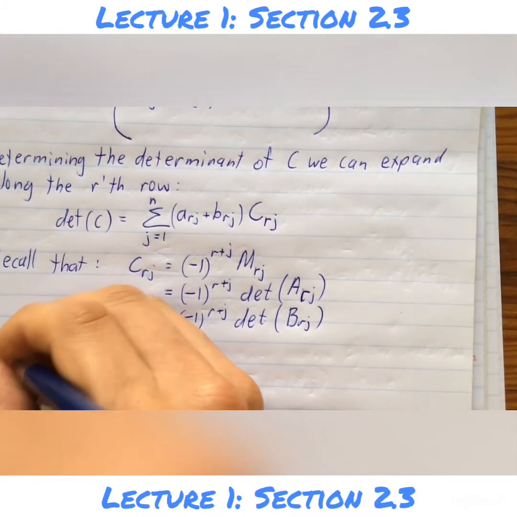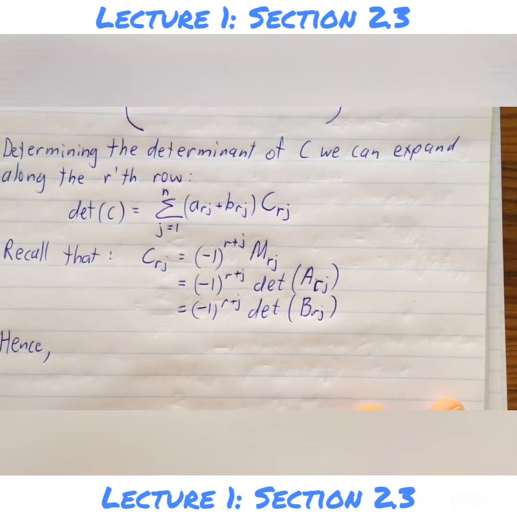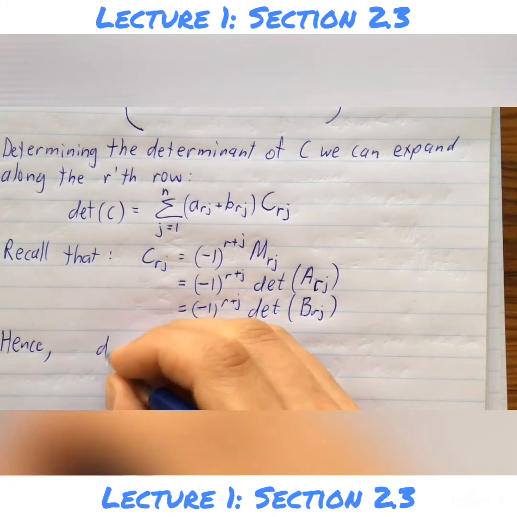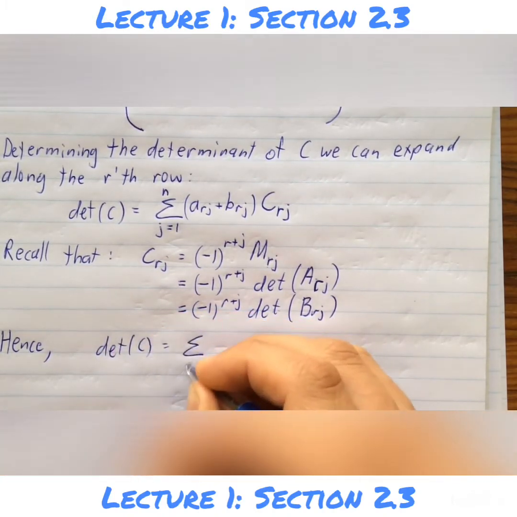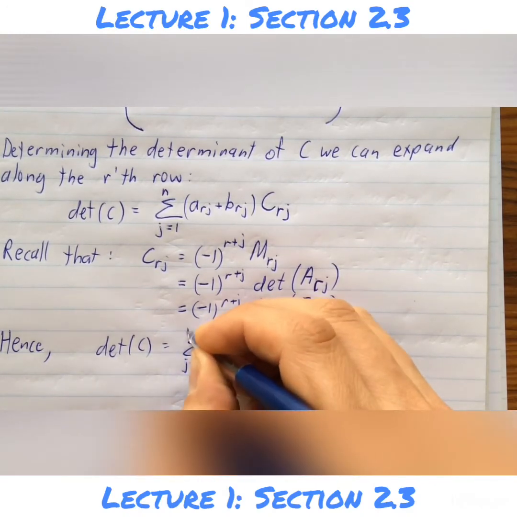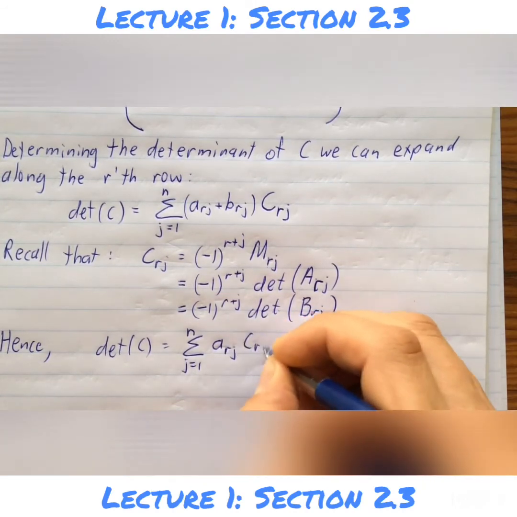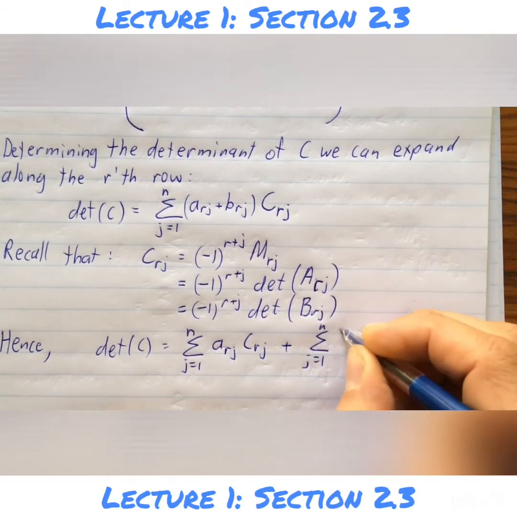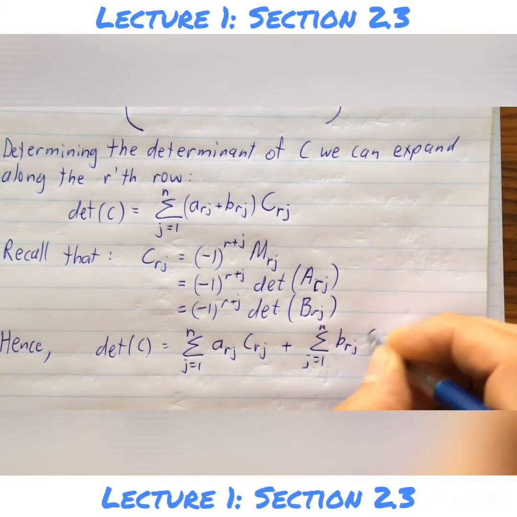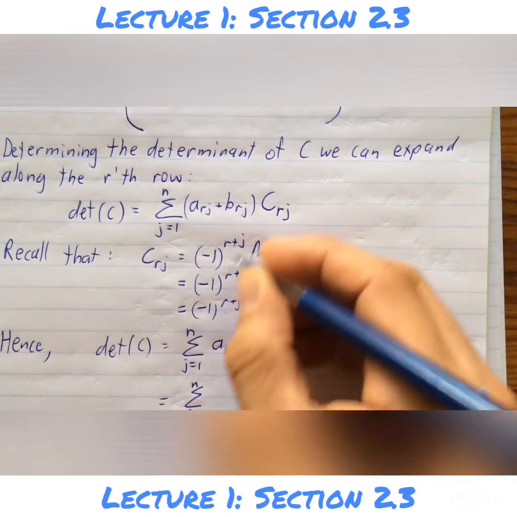So hence, to conclude, using the cofactor expansion, the determinant of C then becomes the sum, plus the sum of that. Okay, and we can do this replacement that I have there.